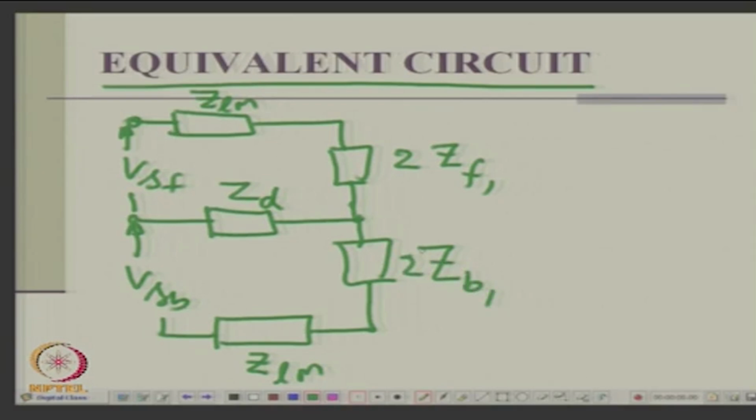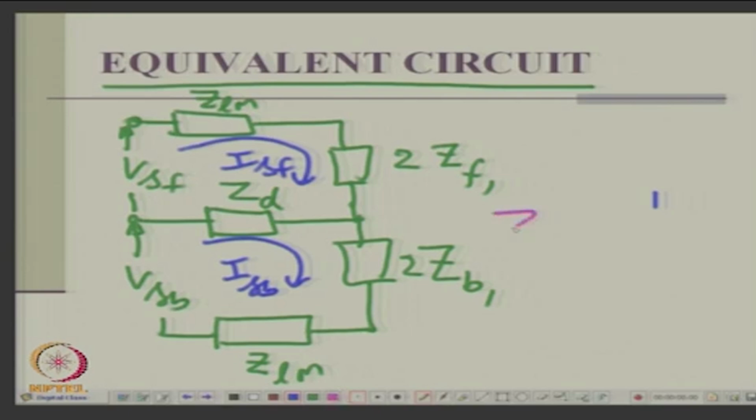And what are the currents? A simple circuit loop equation. It satisfies, and where ZD is half of ZLA dash minus ZLM, is not it?